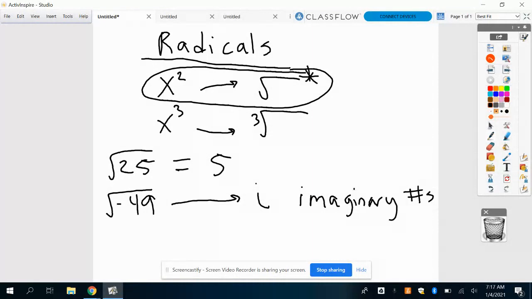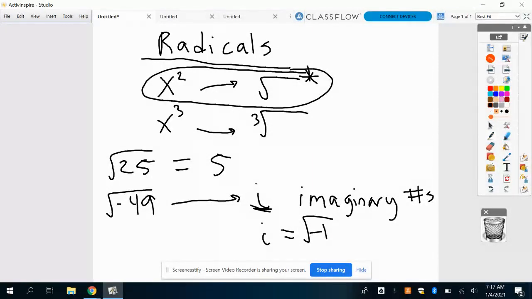Now, when I say imaginary numbers, I'm not talking about fairy tale land, right? Even though that's what it seems like. Basically, an imaginary number deals with something where you can't get a real solution. So we use what we call i for imaginary numbers. Basically, i is equal to the square root of negative 1.